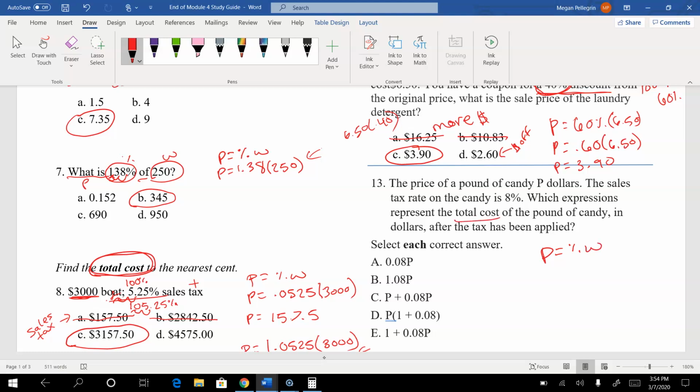We're looking for the total cost. Sales tax rate, meaning it is increasing by 8%. So 100 plus 8, because we want to know the total cost, we have to be able to do this all in one step. So P equals 108% times the whole, which we don't know. It is going to be represented with P.